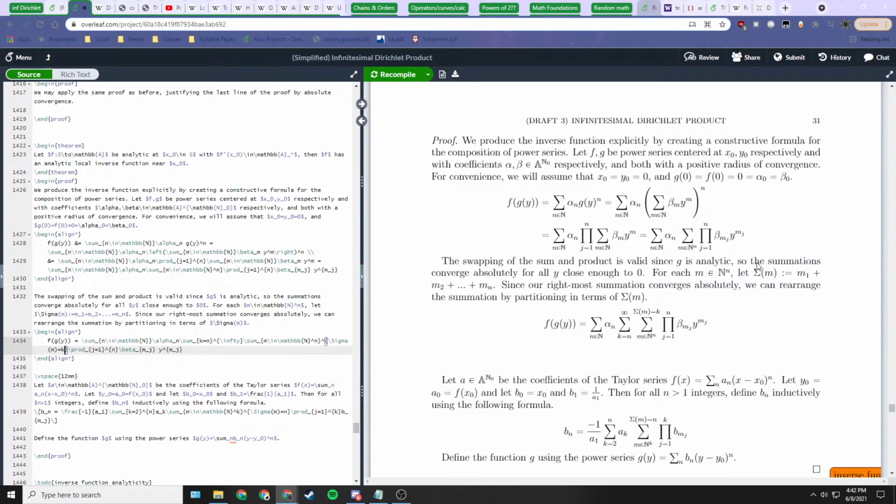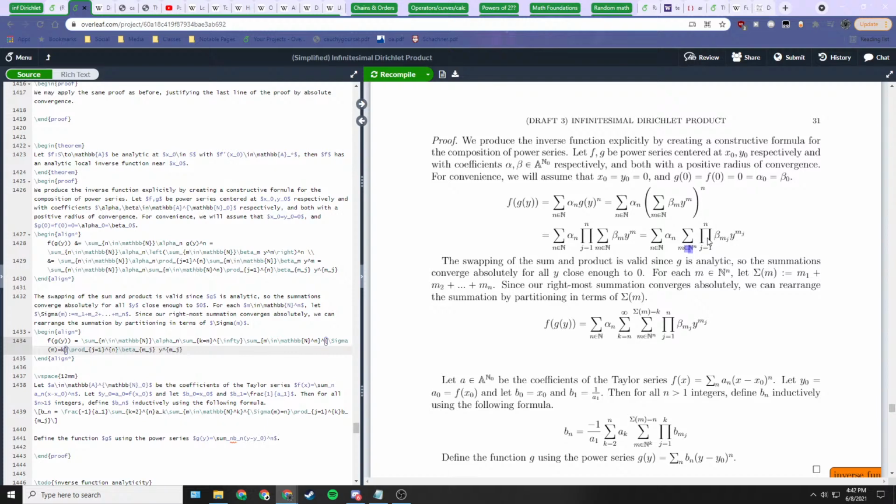Okay, so since this summation converges absolutely, each of these summations converge absolutely. When we permute the sum and the product, this will also converge absolutely. So this summation here converges absolutely.